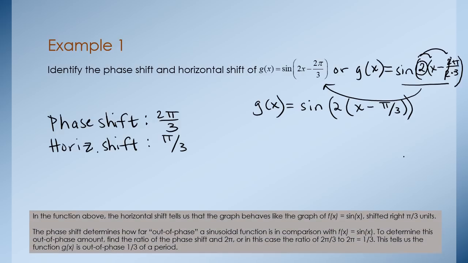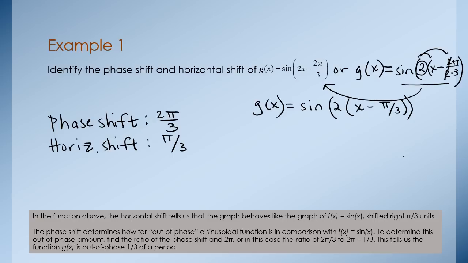Now in the function above, the horizontal shift is telling us that the graph behaves like the graph of f of x equals sine of x, our normal or parent sine function, but shifted to the right pi over 3 units. The phase shift determines how far out of phase a sinusoidal function is in comparison with the parent function, in this case f of x equals sine of x.